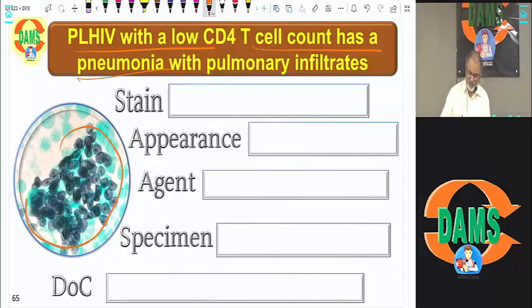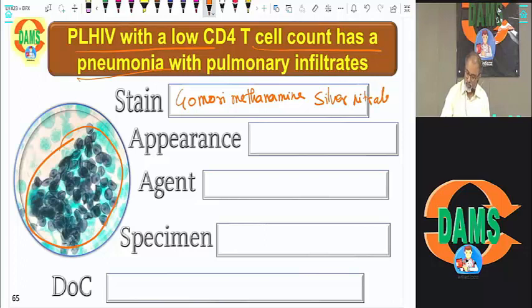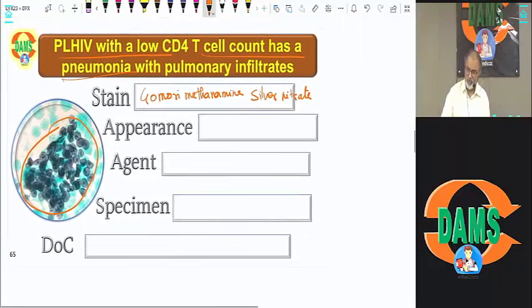Black color fungal stain, GMS stain, Gomori methenamine silver nitrate. What appearance? Famous description: broken ping pong ball appearance.